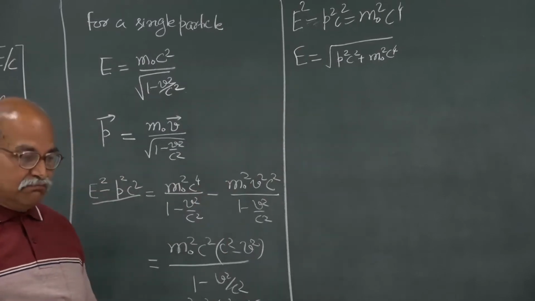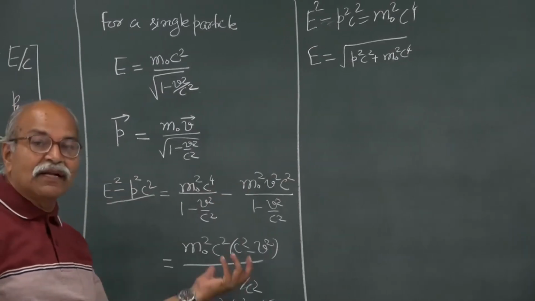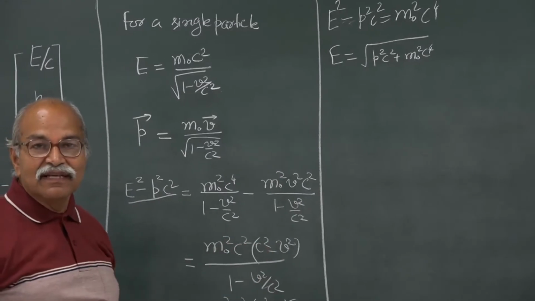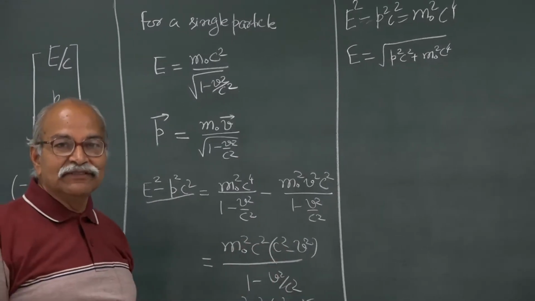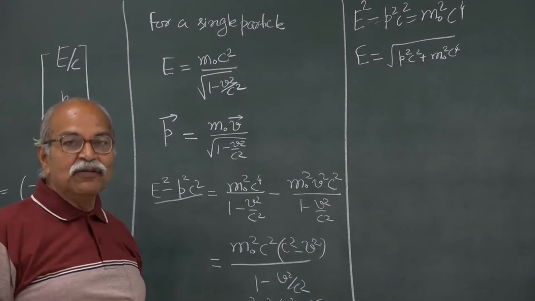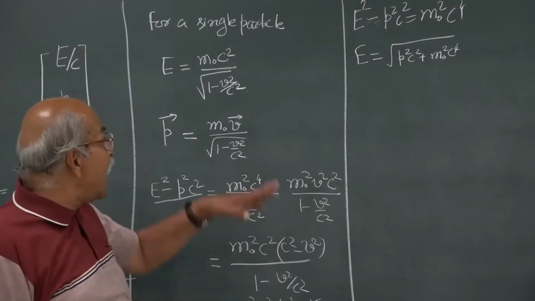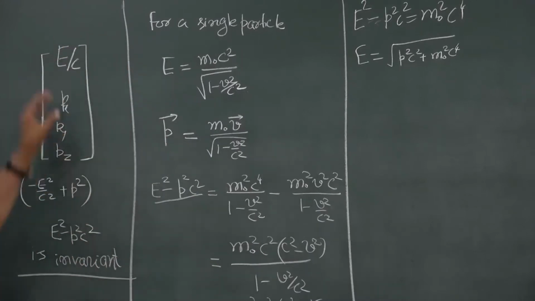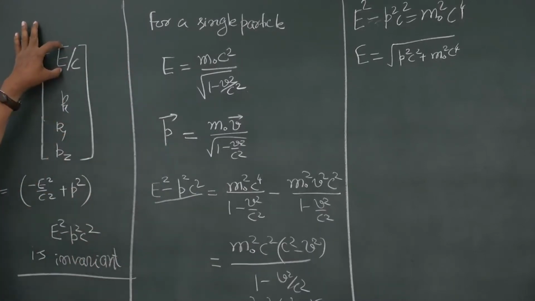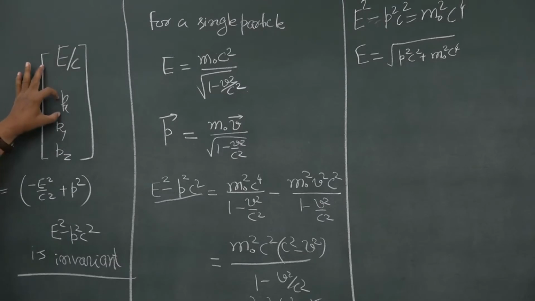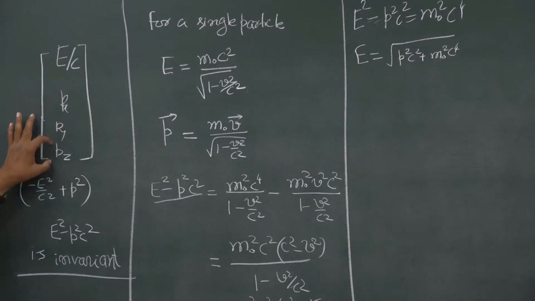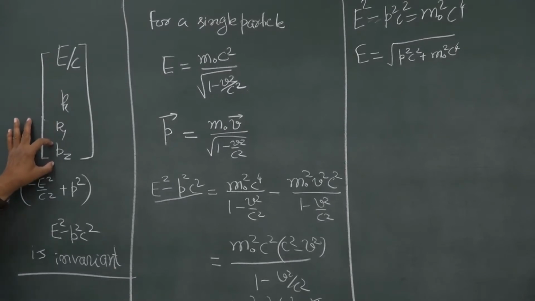If you have a combination of two different particles, and then you write total energy E1 plus E2, then you write total momentum P1 plus P2, you still have a 4 vector. The total energy of the two particle system, the total linear momentum of the two particle system x component, y component, and z component.